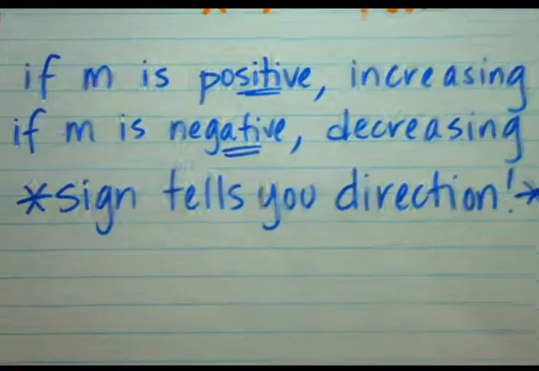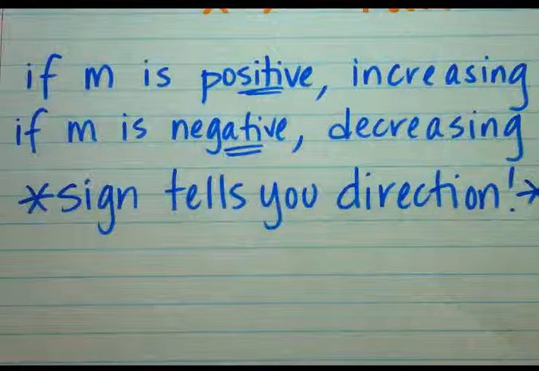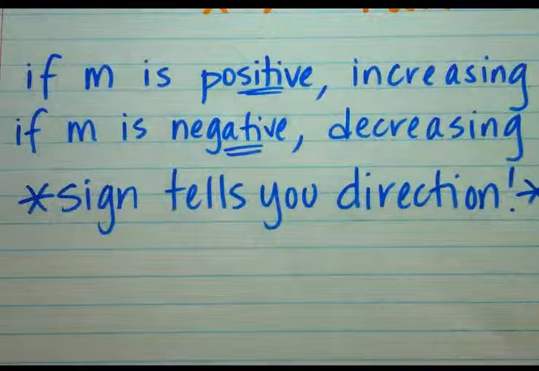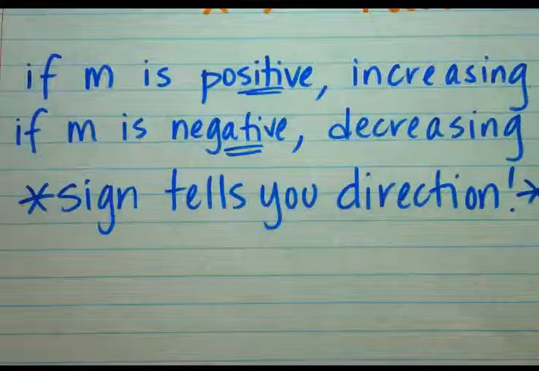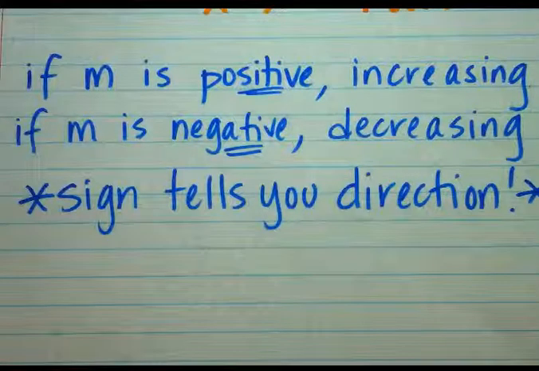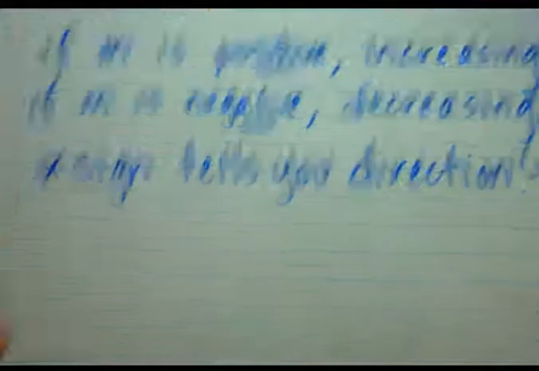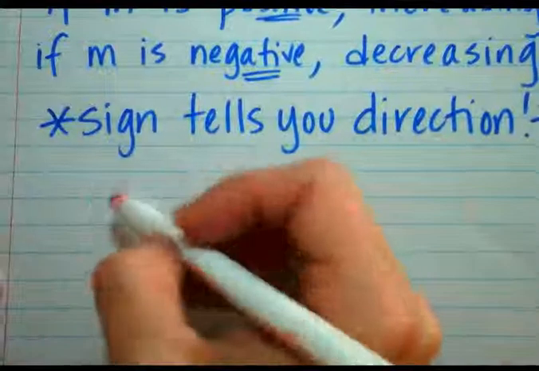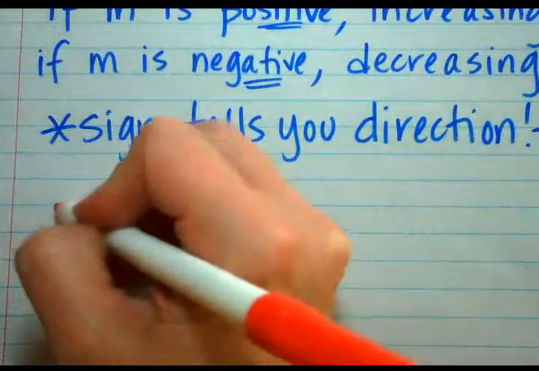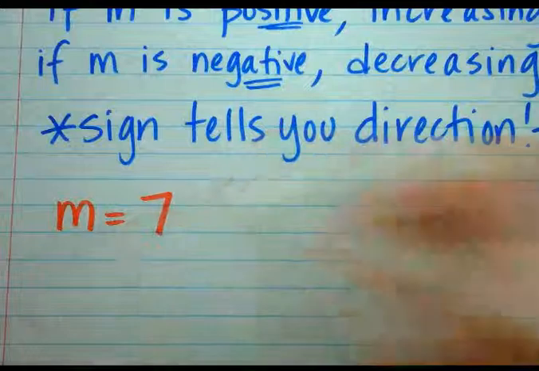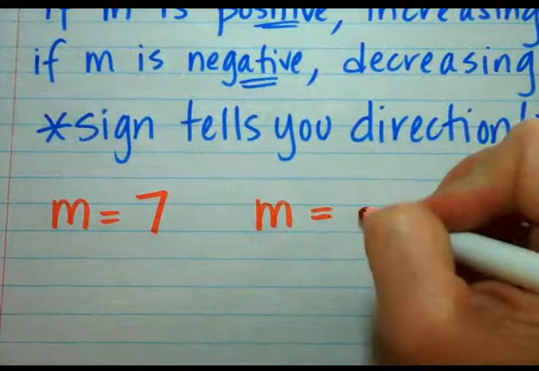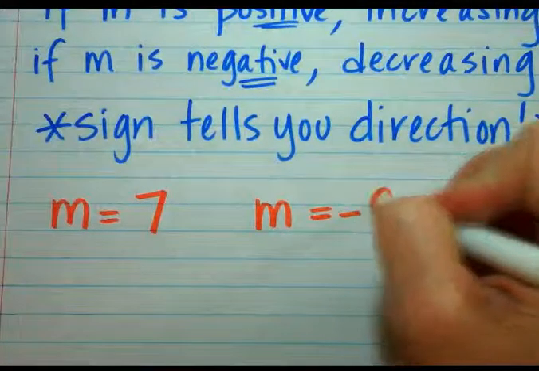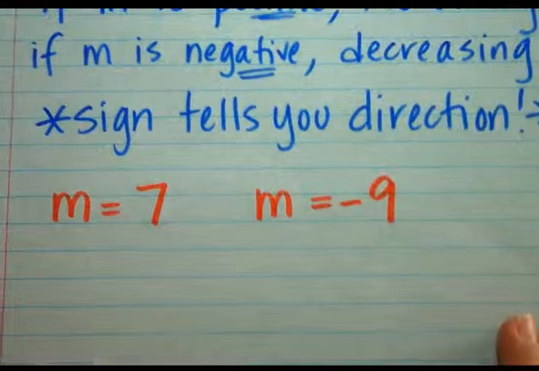All right, now, when we actually look at the number, that is going to tell us whether it's strong or weak. So what I mean by that is that if your slope is, let's say your slope is 7, and then on another question, your slope is -9. Okay?